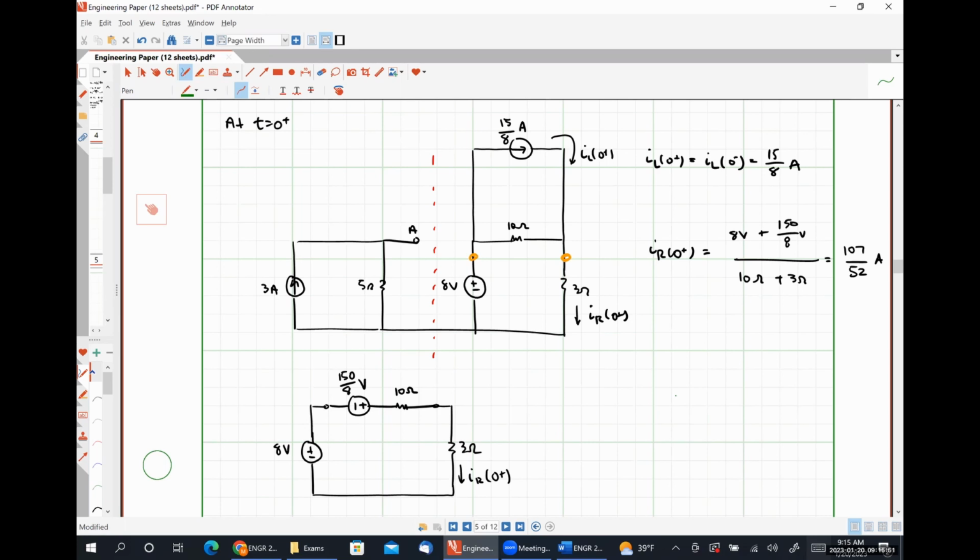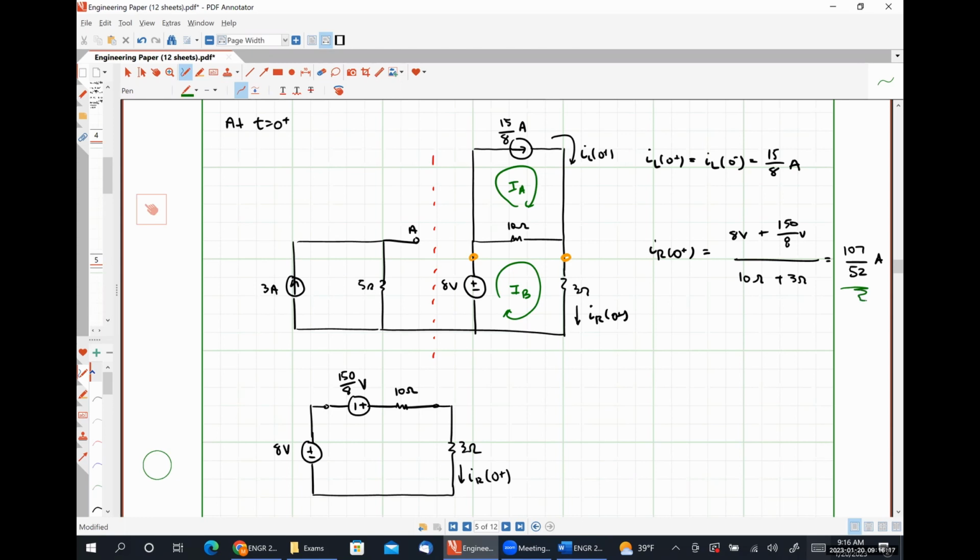I would argue that mesh analysis would also be a pretty easy way to figure things out. If we have this mesh current, let's call that IA, that's obviously 15/8. And then we're only solving for this mesh current IB, where IB will be the exact same thing as IR at 0 plus. I firmly believe it will be the exact same thing as we find here.